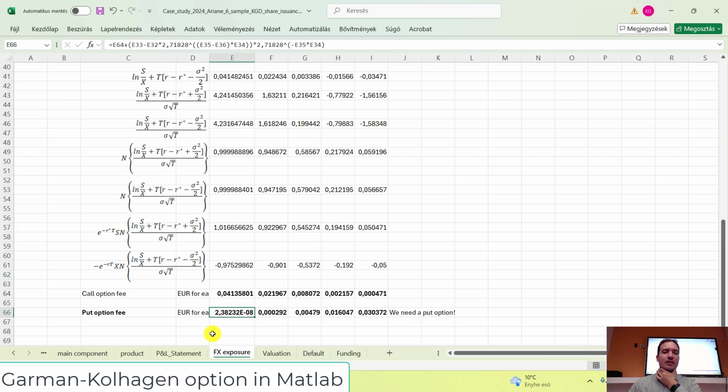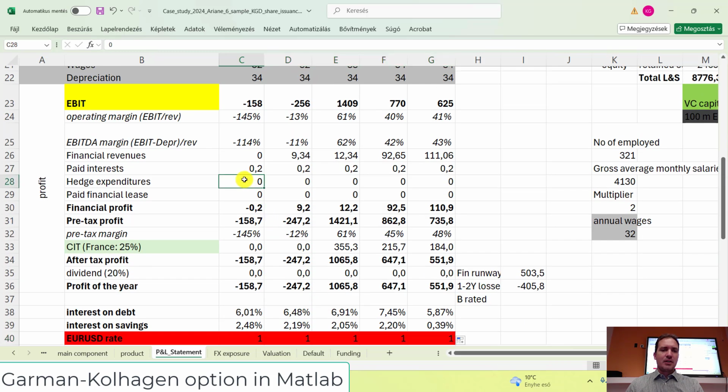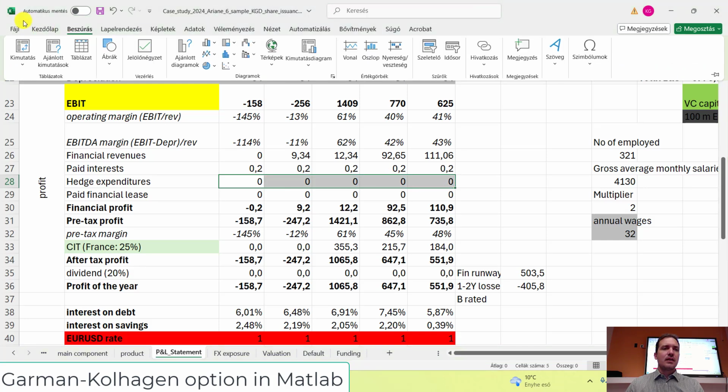So we have to integrate all these things into our model. So instead of using this euro US dollar exchange rate anymore, we have to set it to 1. But also at the same time we have hedge expenditures, so we have to set it here.